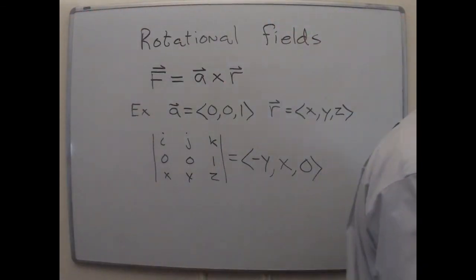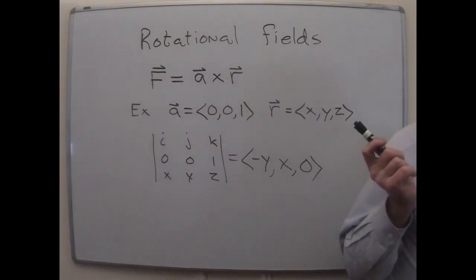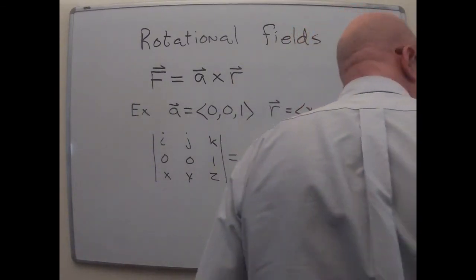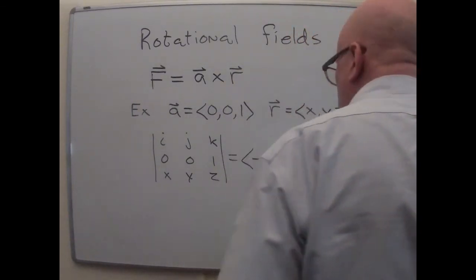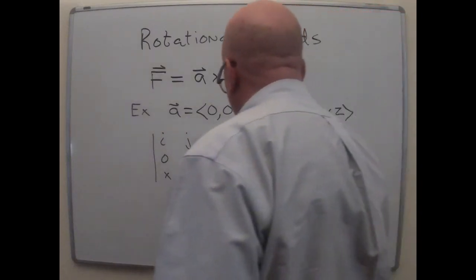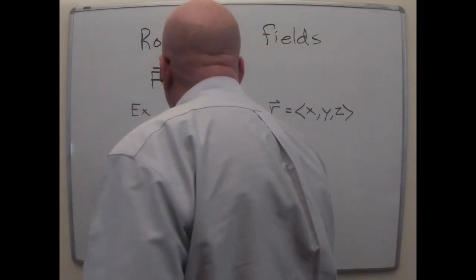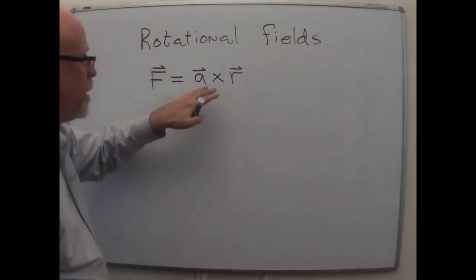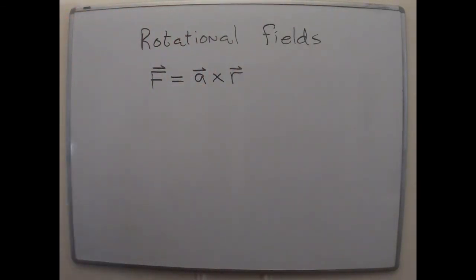So, one of the things that's cool about this kind of a rotational vector field is what its curl tells you. You might not have the vector field in the form A cross R, and they may have already told you what that computation is.